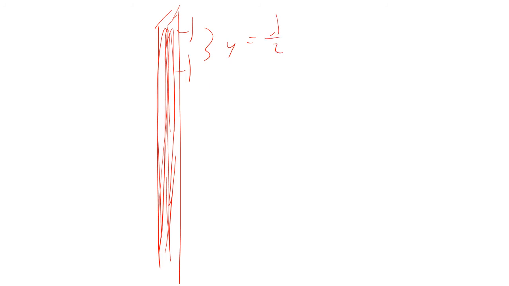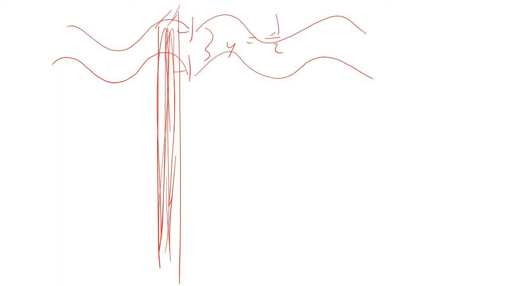That means signals that go off this way are all in sync, so you get constructive interference this way, but this way, this one is completely out of sync with the other one. So now there's destructive interference.